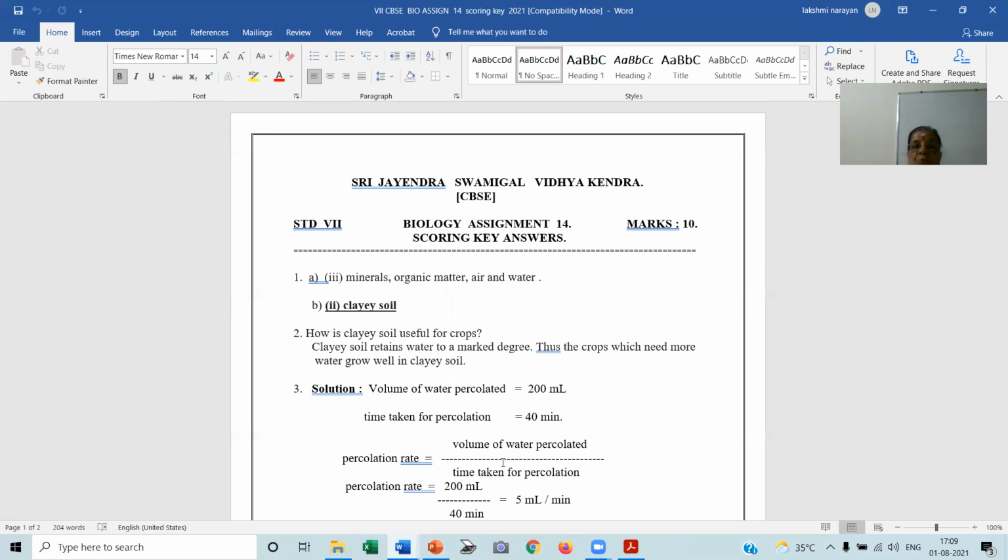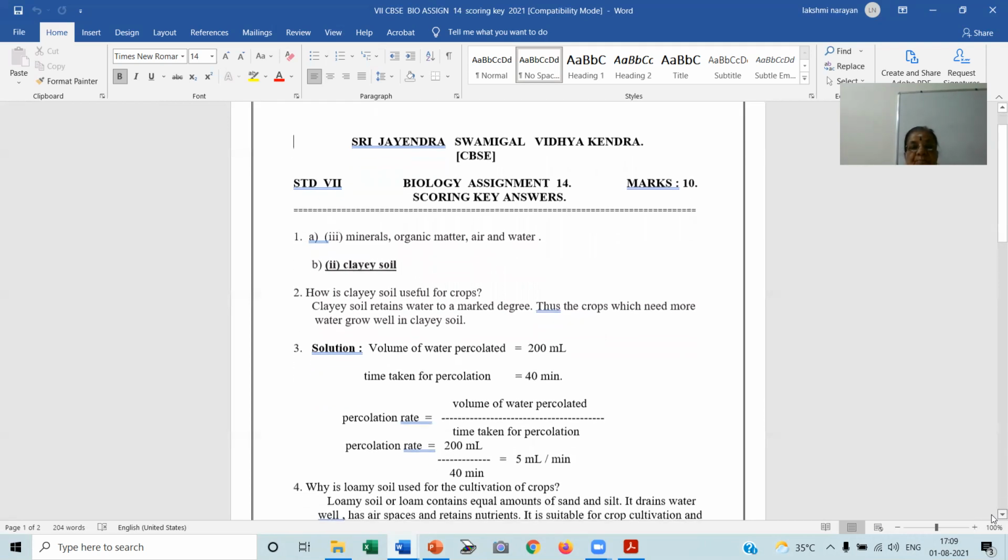Then question number 2, how is clay soil useful for crops? Clay soil retains water to a marked degree. Thus, crops which need more water grow well in clay soil.